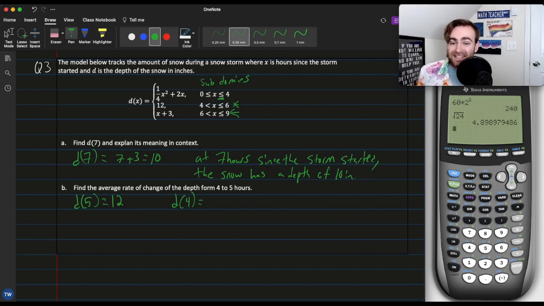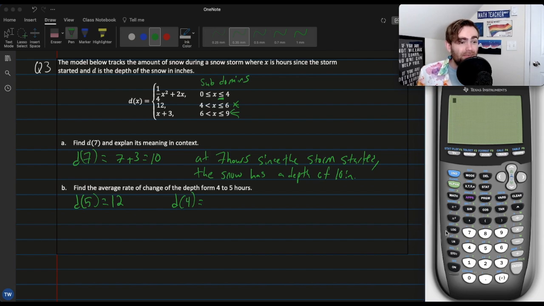Since I've got the calculator here, I'm going to cheat. We're going to do 1/4 of 4 squared plus 2 times 4, and we get 12.